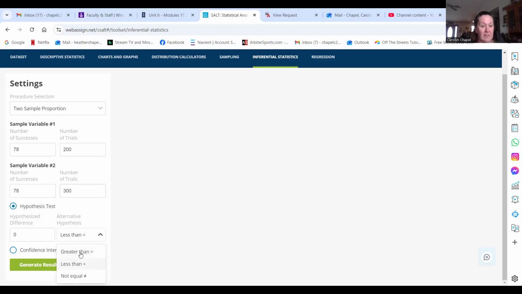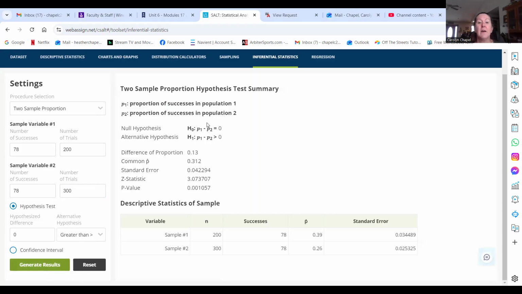So I have to change this to a greater than, and I'm going to generate my results. Okay, so here's my hypothesized values. Now they do it in general, p1 minus p2. So mine were pn minus ps equal to 0, pn minus ps greater than 0. So a reason for writing them on one side would be to check to see if it's set up the way you want it to be.